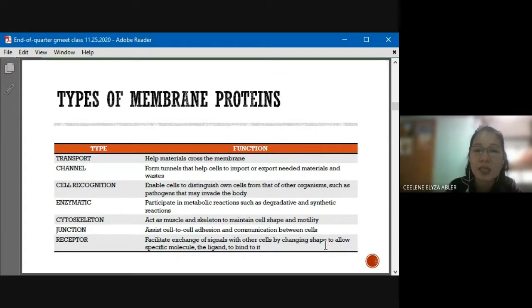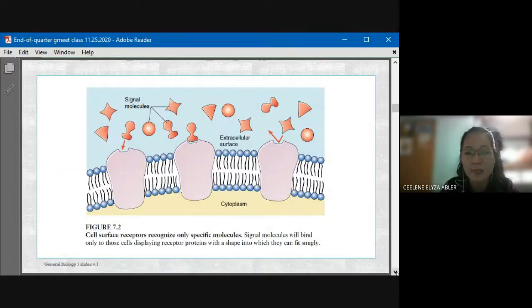So it's actually the membrane protein that can change itself kasi it's an enzymatic na protein kasi ang receptor na membrane protein to allow specific molecules. So ang ligand actually, class, it's actually a gated na channel na protein to bind to it. So pwede siyang mag-change itself, then pwede na siya makagawa ng channel protein to allow the substance through into or out of the cell. So, ganun ka-special ang ating substances into the cell. So, ganito ang gamit natin.